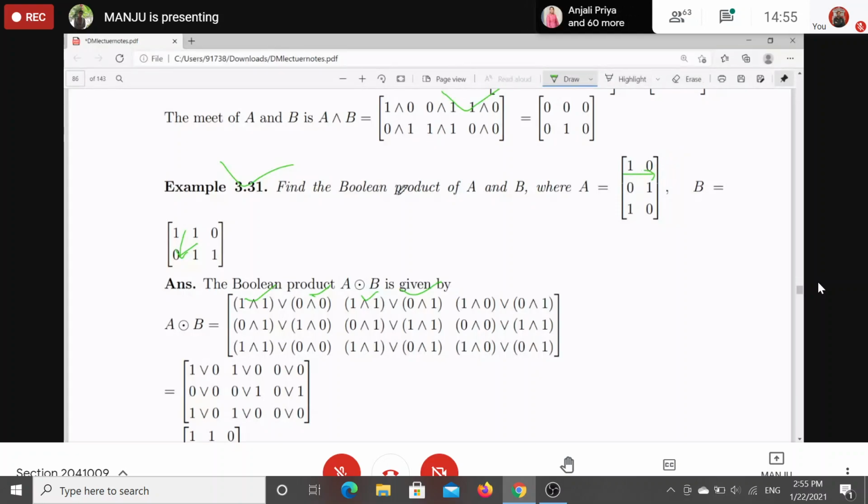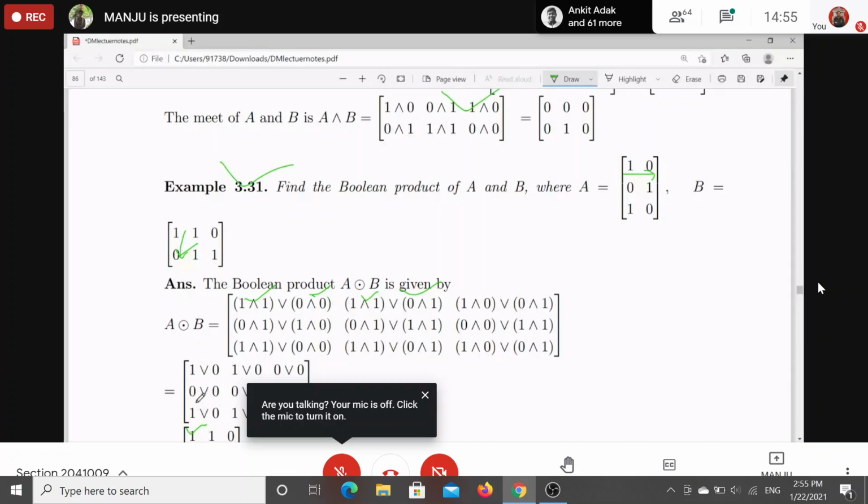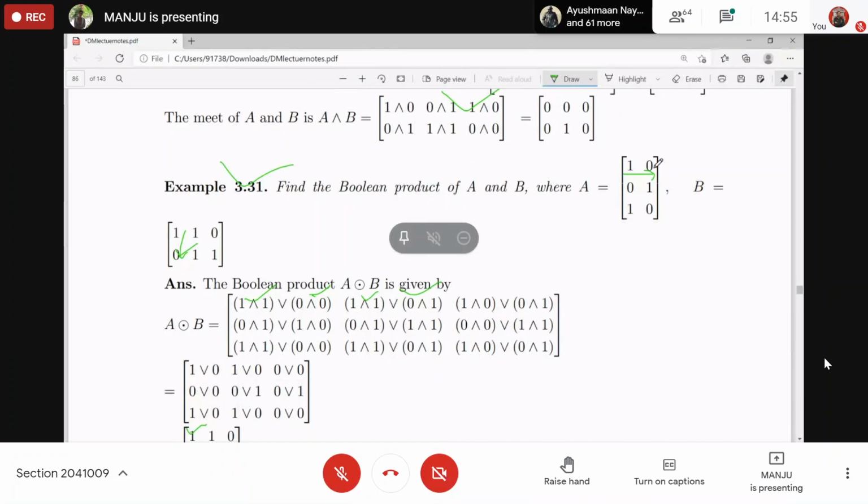It is 1 conjunction with 1, this will be 1. Disjunction with 0 conjunction with 0, which is 0. So finally it will give you 1. Next, 1 with 1, conjunction 1, then disjunction with 0, gives again 1.